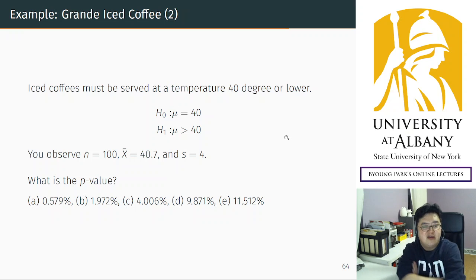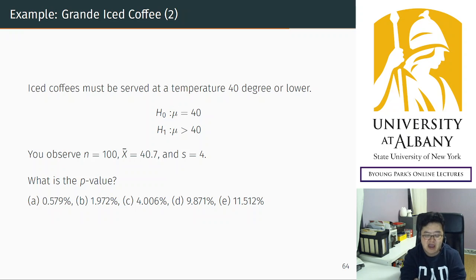Okay, so far we considered a lower tail test. Now I wanted to show you what happens if you have an upper tail test. So I made up a related but different example. Now iced coffees must be served, or ice must be stored, at a temperature of 40 degrees or lower, in Fahrenheit, of course.